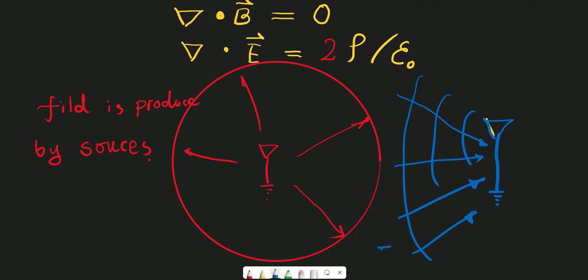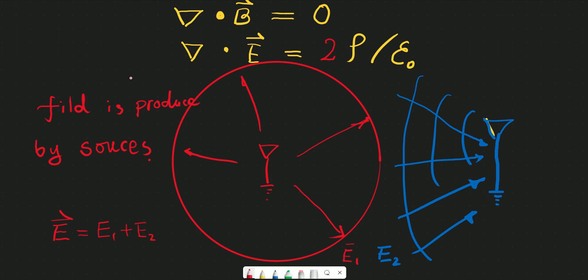Here has E2, here has E1. If you ask E, that actually is E1 plus E2.